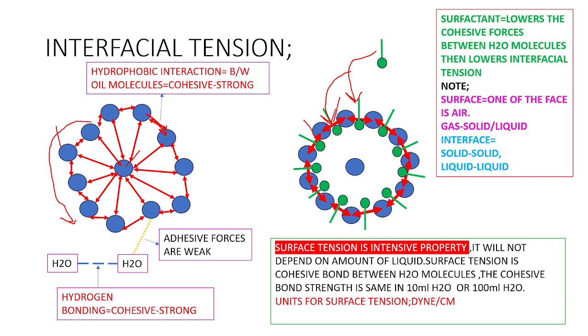Surface tension is an intensive property, meaning the bond between two surface molecules is constant. If you take 10 ml of molecule, there is a strong bond between the two surface molecules. If you take 100 ml, it is the same. That's why we call surface tension an intensive property.